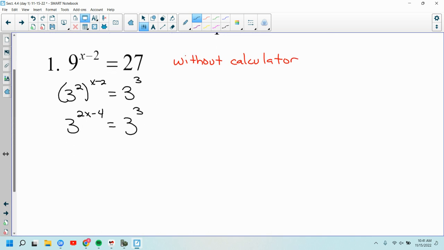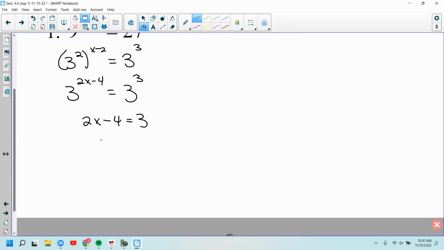Now, you've got the same base to a power, so just set 2x minus 4 equal to what? 3. That's all you got to do. So 2x minus 4 equals 3. Add 4. 2x equals 7, divided by 2. x equals 7 halves, or 3.5, doesn't matter.